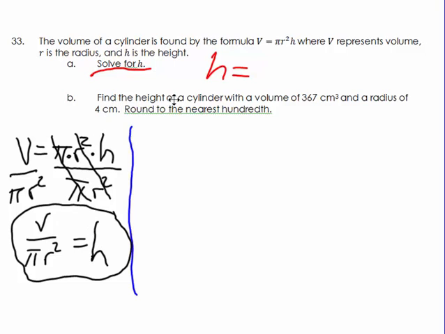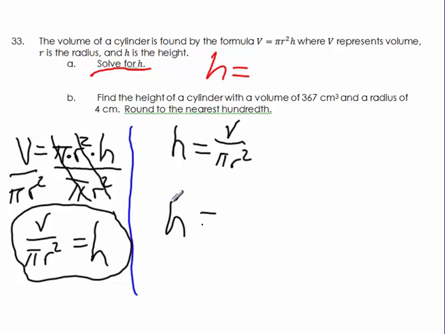Now it asks me to find the height of a cylinder with a volume of 367 centimeters cubed and a radius of 4 centimeters. Well, I already have h solved for, so I might as well use this formula. h is equal to the volume divided by pi r squared.